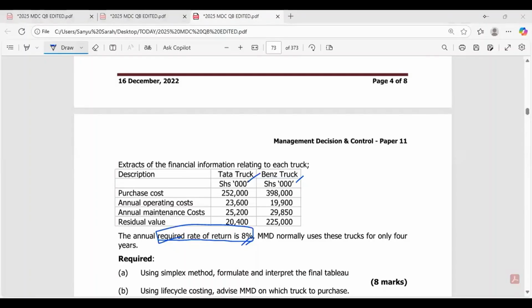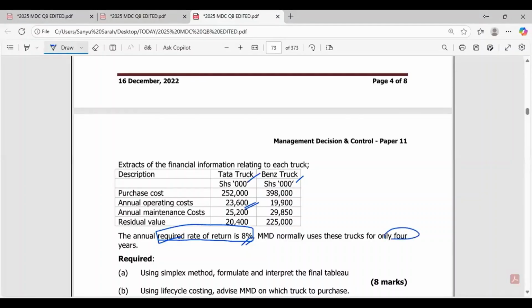So if the required rate of return was not there, I would just get my purchase cost plus the annual operating costs, just like they have given them to me. Like every year, for the Tata truck, they are going to incur 23,600 on operating costs, and they are going to use the vehicles for 4 years. So for the 4 years, I'll get 23,600 times 4 to see the operating costs.